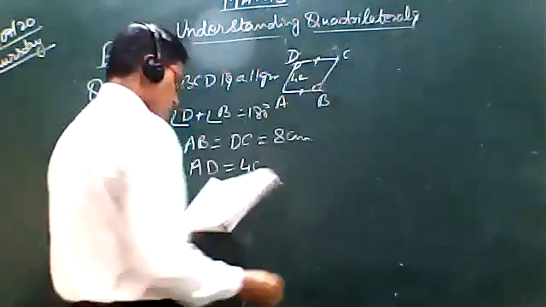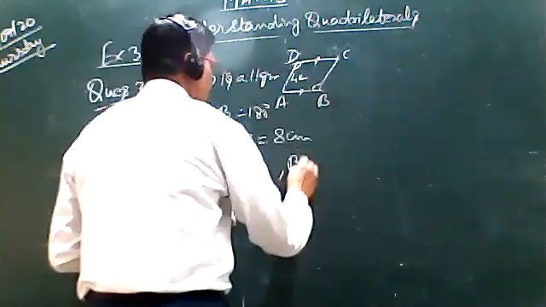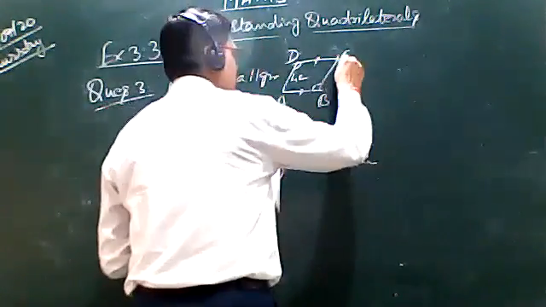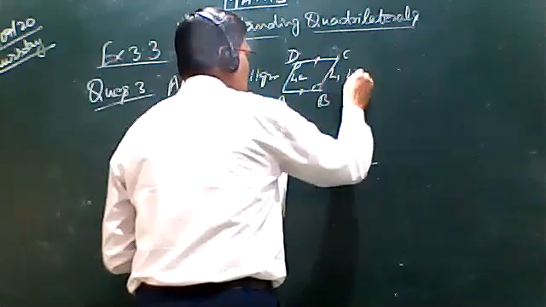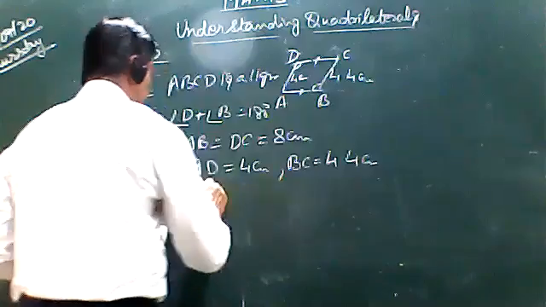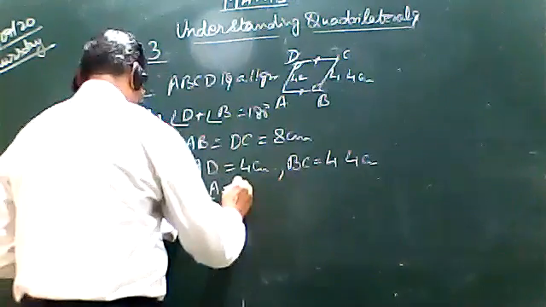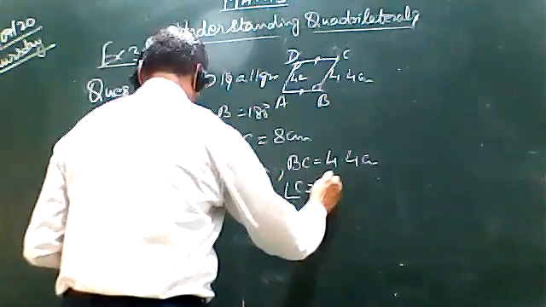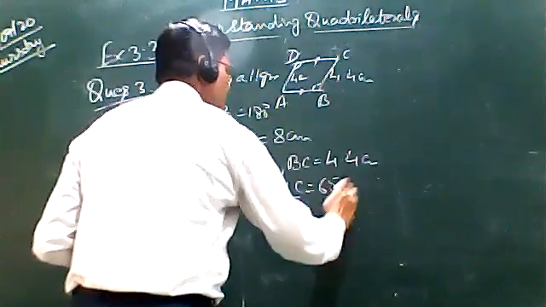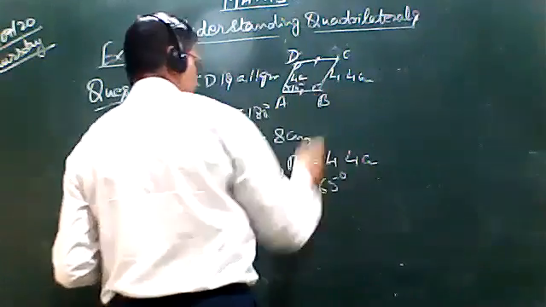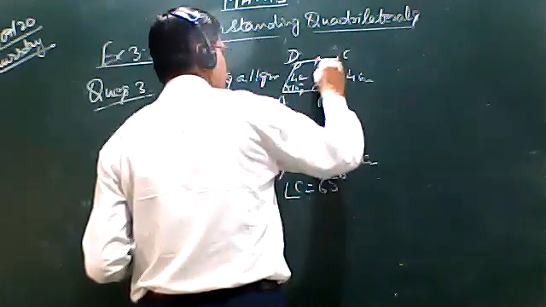And BC is equal to 4.4 centimeter. Angle A is equal to 70 degree. Angle C is 65 degree.